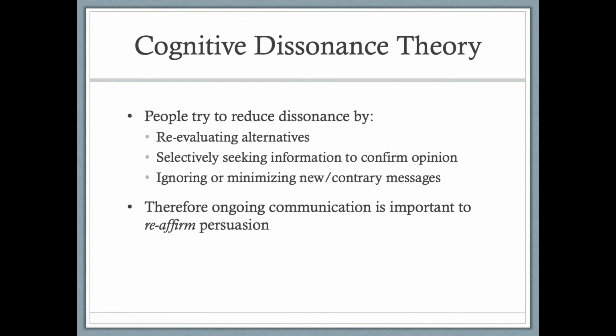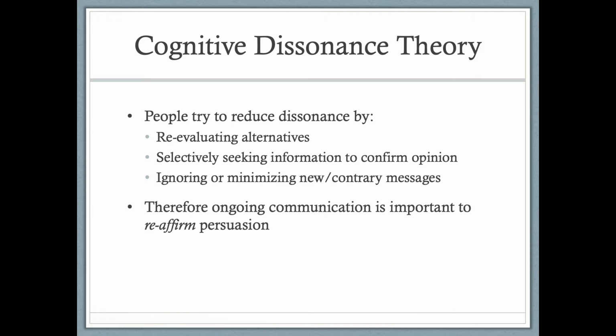Now, people try to reduce dissonance by re-evaluating alternatives, different positions, and looking at them again, or they will selectively seek information to confirm the opinion that they already had. Or they'll just ignore or minimize as unimportant or unpersuasive messages that are contrary to what they already believe. We've all seen that in interpersonal relationships.